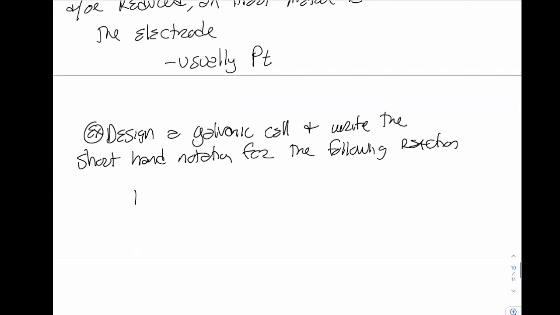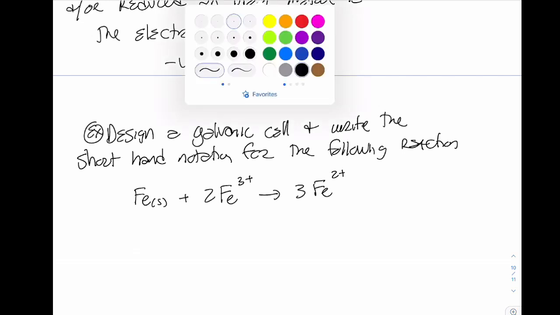I want to use iron solid plus 2 iron 3 plus going to 3 iron 2 plus. This one might look a little confusing, but we're going to do it together here.